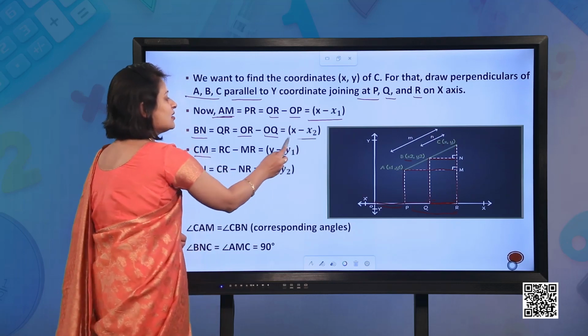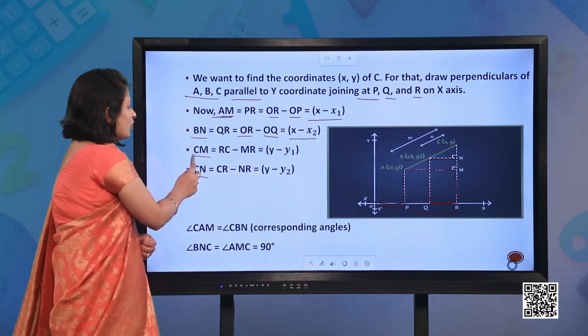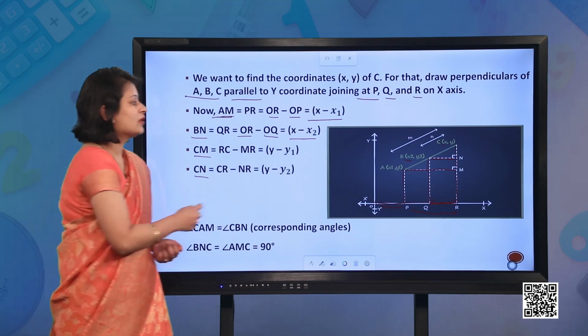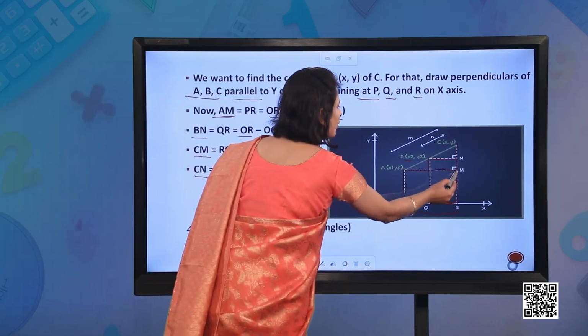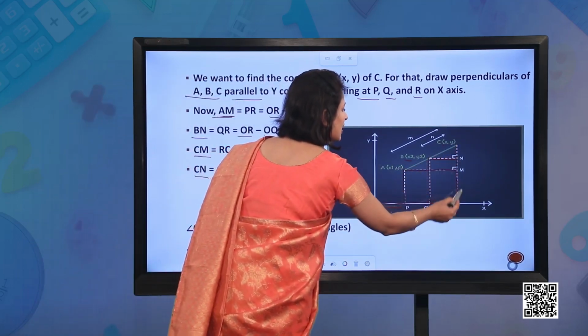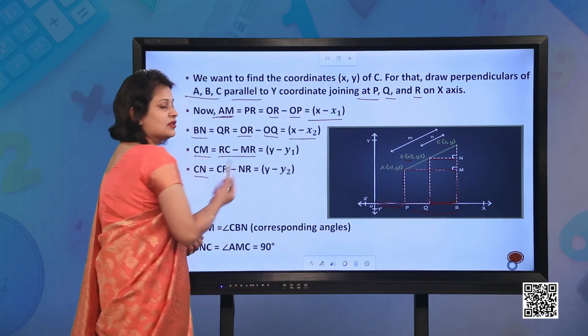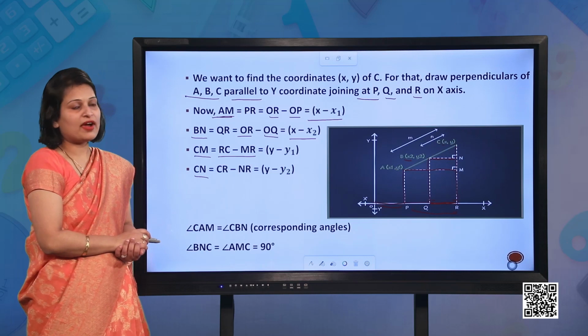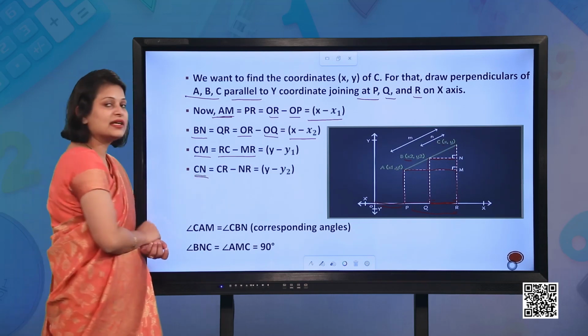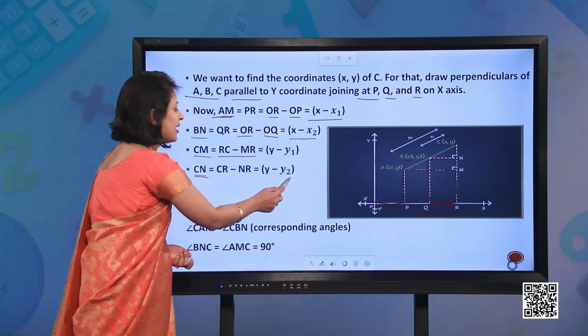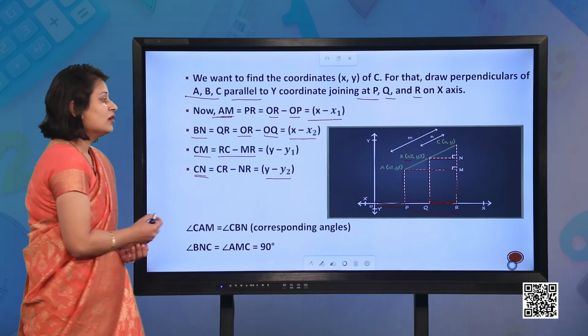So x minus x2. How will you calculate CM? It is CR minus MR. This will be y minus y1. Similarly, you can calculate CN, which will give you y minus y2.